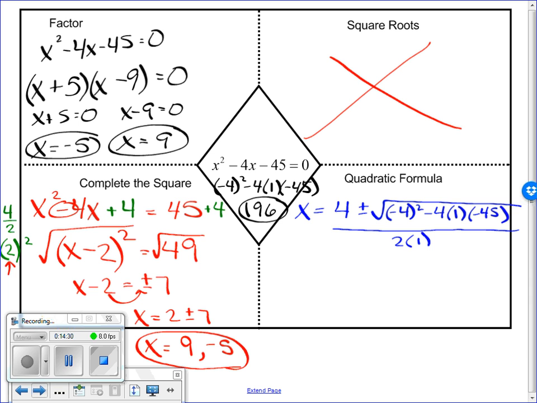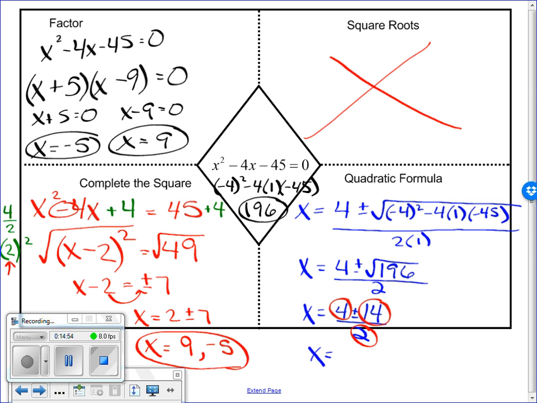We already know that. We did it right there. So 4 plus or minus radical 196 all over 2. Square root of 196, 14, all over 2. Can I divide all three numbers? Yep. Right, all three can be divided by 2.